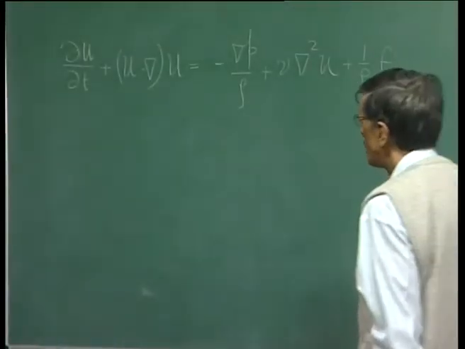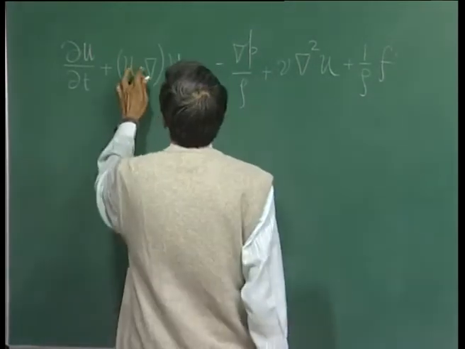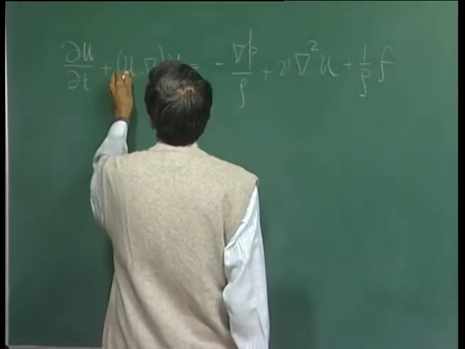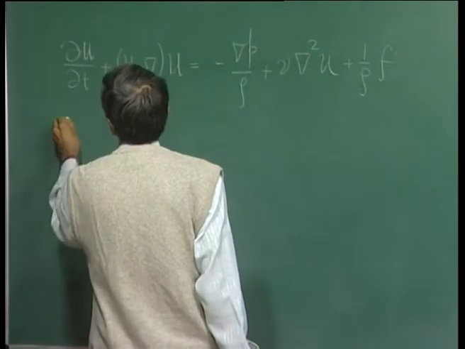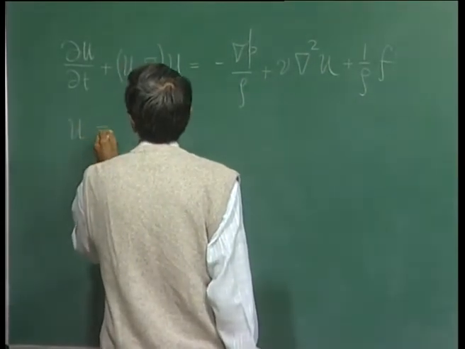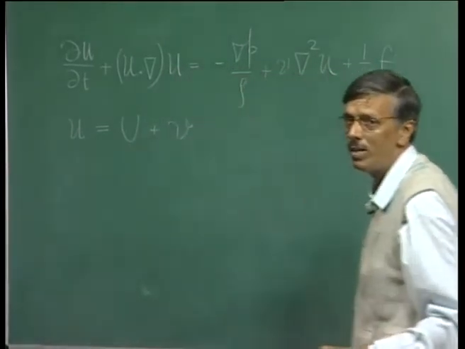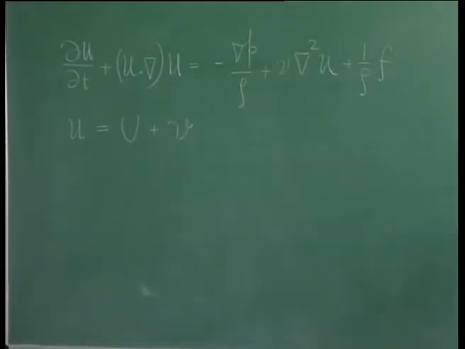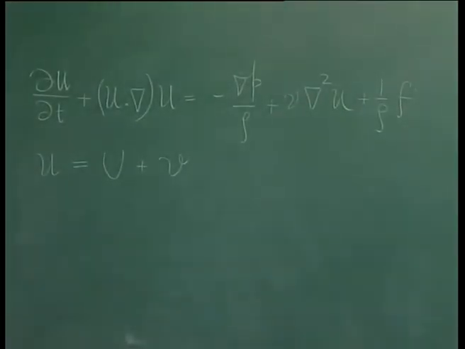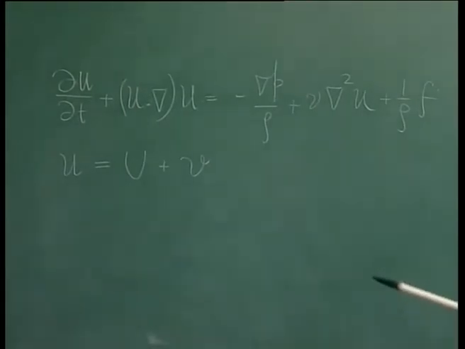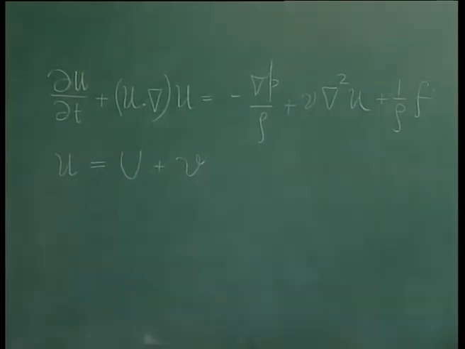Now, what we have done here basically, so this is that U dot del. So, now U itself we are writing as capital U plus V. Please note that unlike what we did for instability studies, V is fluctuation, but we are not talking about small fluctuations. In turbulence, the fluctuations are of the same order of magnitude as the mean itself. So, that is why there is no need to put some epsilon or anything, it does not hold.